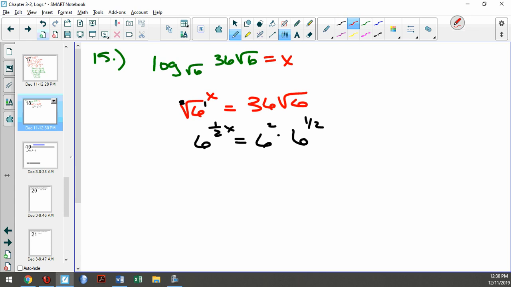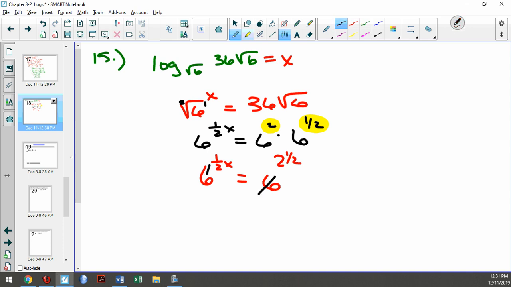Yes? Now, what do I do with those two exponents? When the bases are attached by multiplication and they're the same, what do I do with the exponents? Add them. So that's going to give me 6 to the 1/2 x is equal to 6 to the 2½ power.